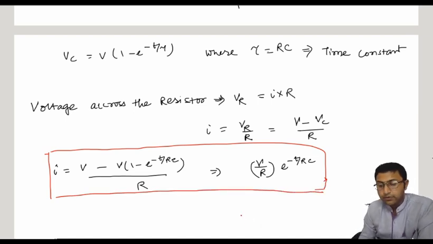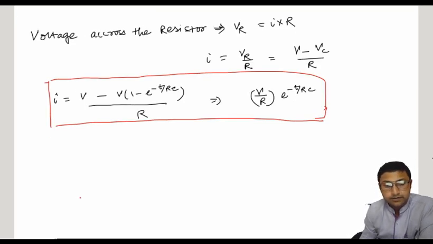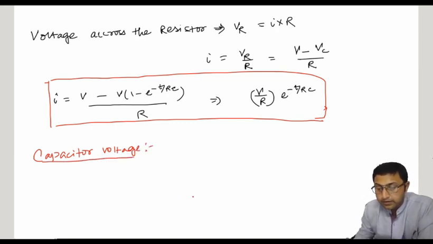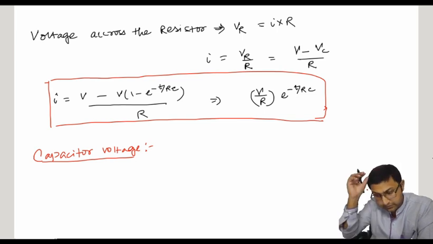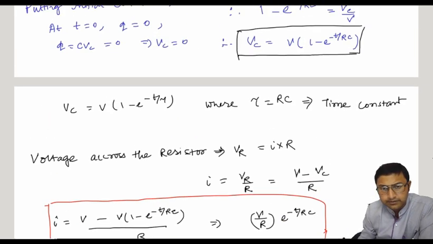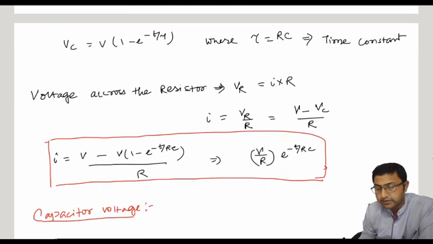Okay, so now the capacitor voltage. That is basically Vc. Actually Vc is already got: Vc equal to V into (1 minus e to the power minus t by RC).